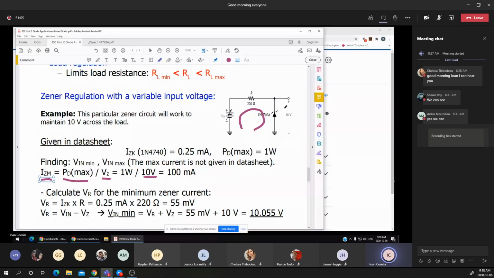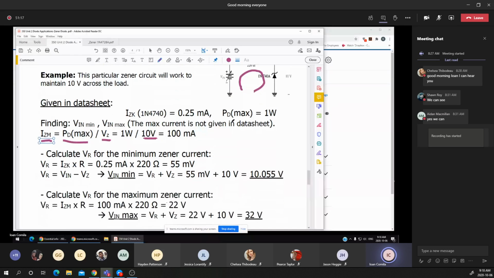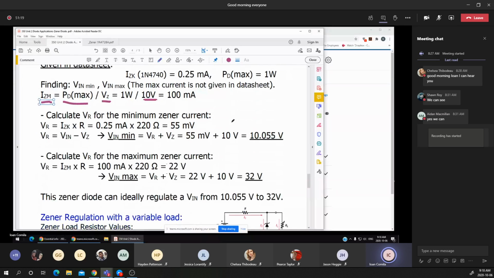Knowing the VR, which is imposed by the two limits of the Zener curve, we can determine the minimum and the maximum voltage that can be applied to this circuit.